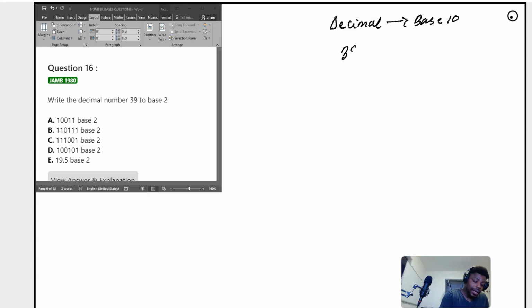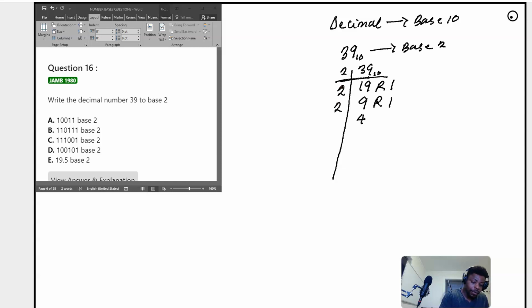So 39 is in base 10. We are converting it to base 2. And you know, this is done by successive division. 2 into 39 is 19, that is 38, remainder 1. 2 into 19, 9, that is 18, remainder 1. 2 into 9, 4, 8, remainder 1. 2 into 4, 2, remainder 0. 2 into 2, 1, remainder 0. 2 into 1 is 0 and remainder 1.